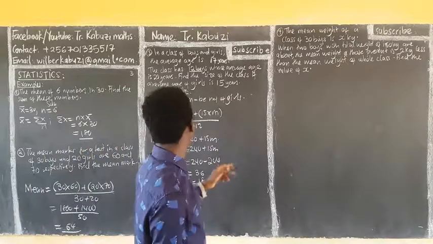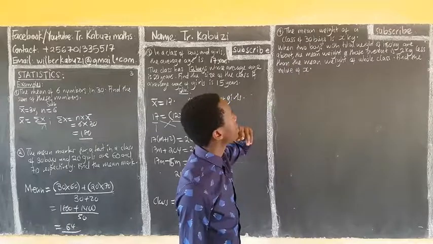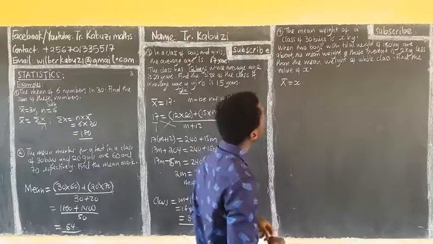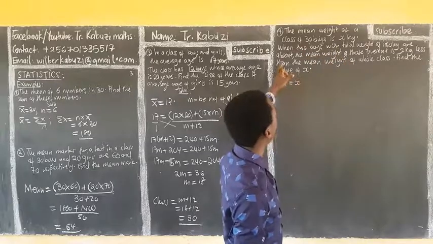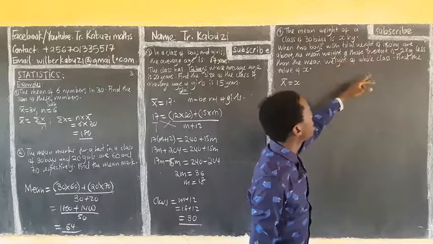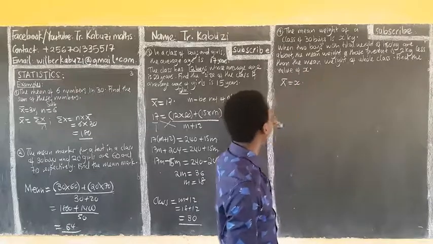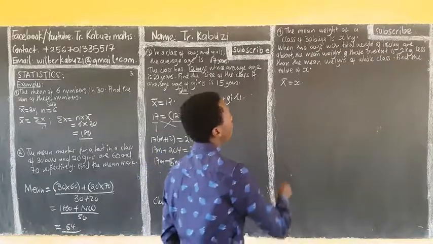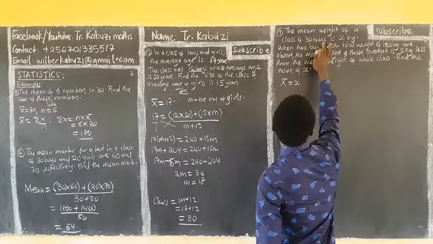Then when we come to this, we have the mean weight of a class of 30 boys is x. So they are giving us the mean as x. When 2 boys with the total weight of 150 kilograms are absent, the mean weight of those present is 2 kilograms less than the mean weight of the class. Find the value of x. First of all, we have a class of 30 boys whose mean weight is x.